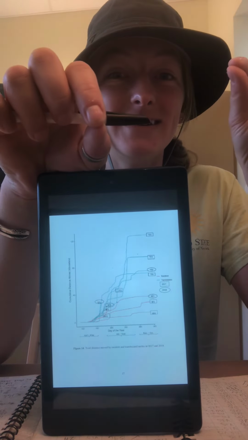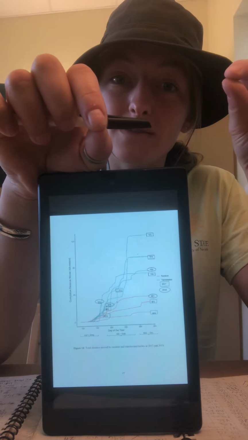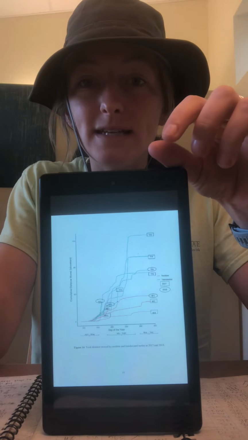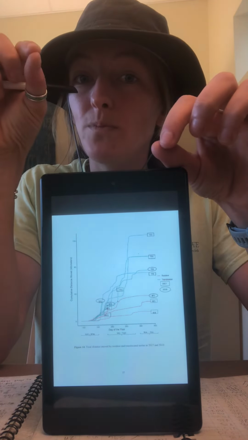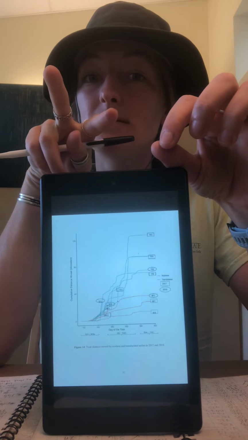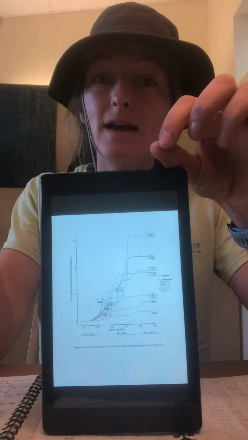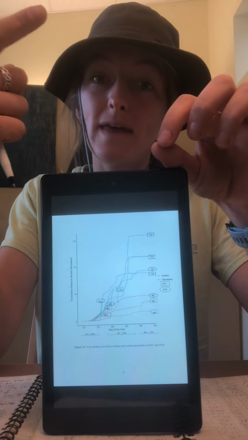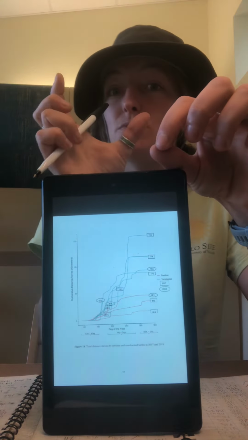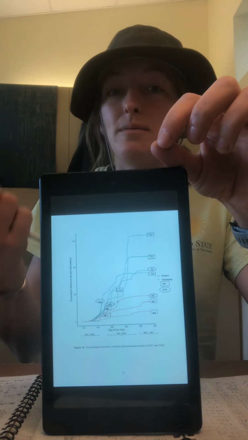Sunday, she was here, so I recorded those GPS coordinates. And how you would find daily distance moved is finding the difference between those 2 locations and then dividing it by the amount of time between those records. So in that case, it would be 1 day. And so she would have moved this far per day.